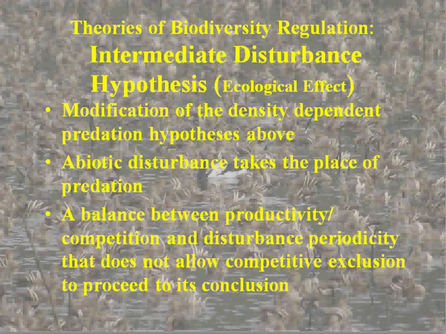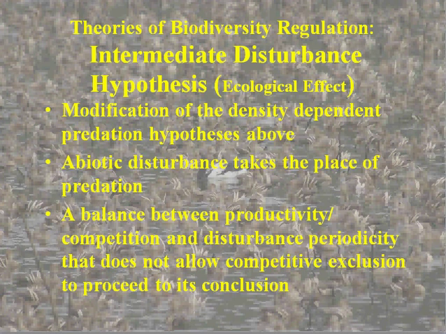Okay? So there's a balance between productivity and disturbance. So disturbance will periodically come through and remove the larger competitors and allow space for other species to survive. Okay? So that competitive exclusion is not allowed to proceed to its end point.